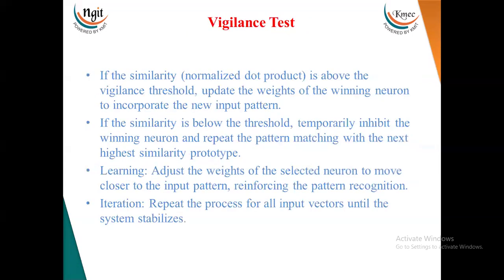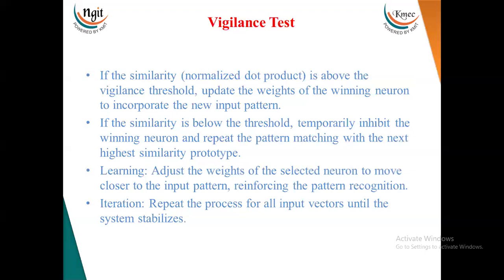Now, what is the vigilance test? If the similarity between the input and the already learned winning neuron is above the vigilance threshold, then you update the weights. If the similarity is below the threshold, temporarily inhibit the winning neuron and repeat the pattern matching with the next one. So this is in two cases.